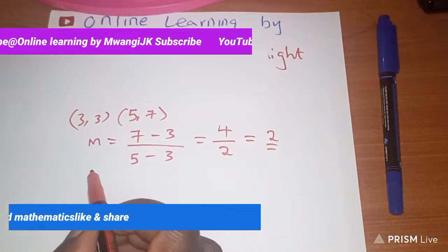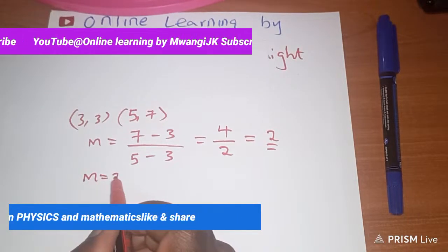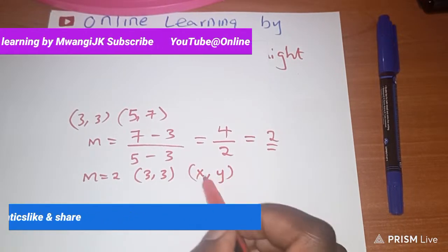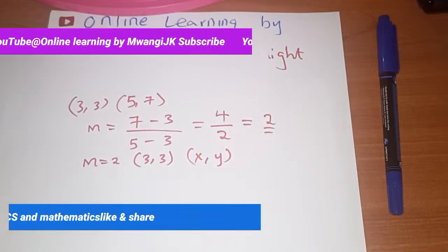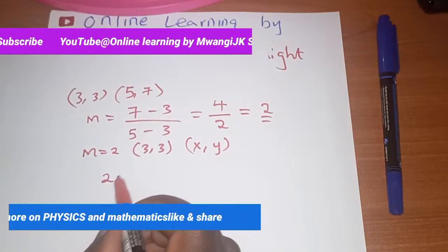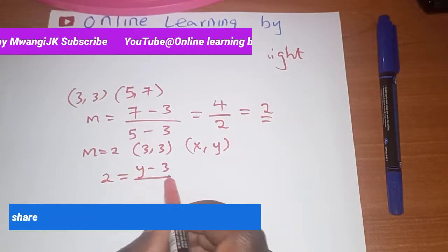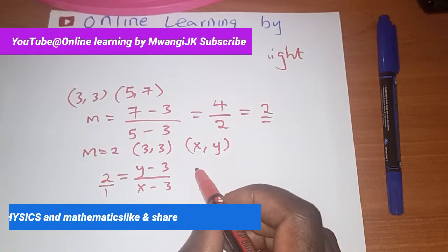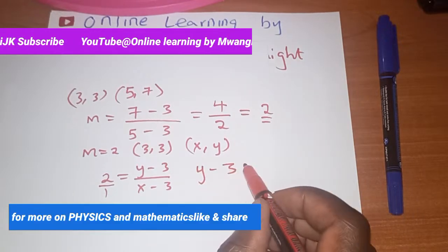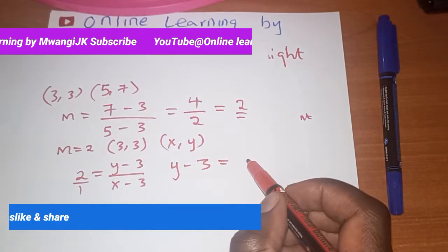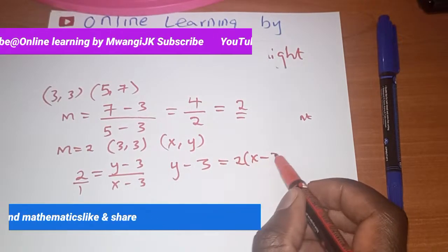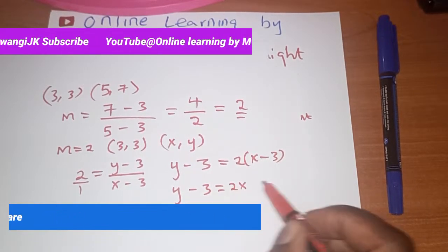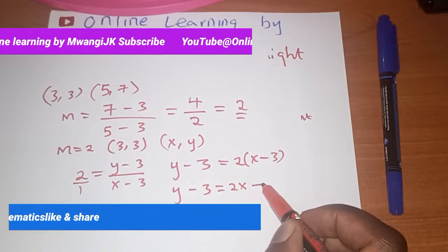Then using the gradient 2, one of the points (3, 3), and a general point (x, y), we can get the equation of that line. We say 2 equals y minus 3 divided by x minus 3. Cross multiplying, we get y minus 3 equals 2 into x minus 3, so y minus 3 equals 2x minus 6.